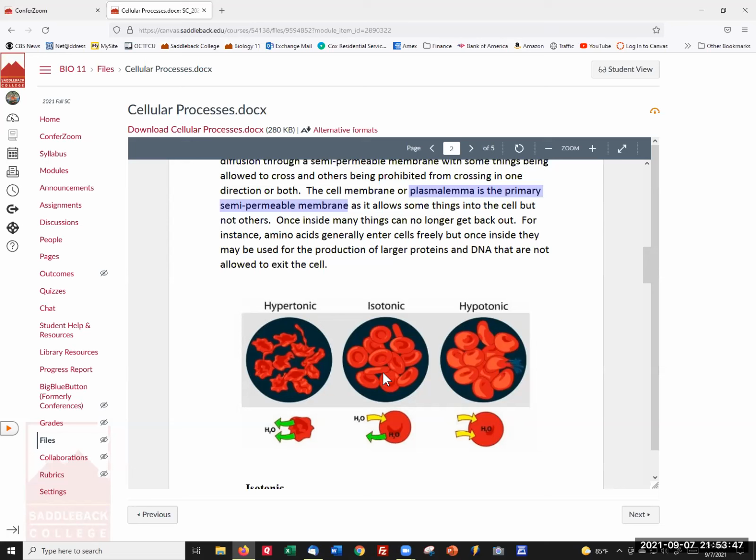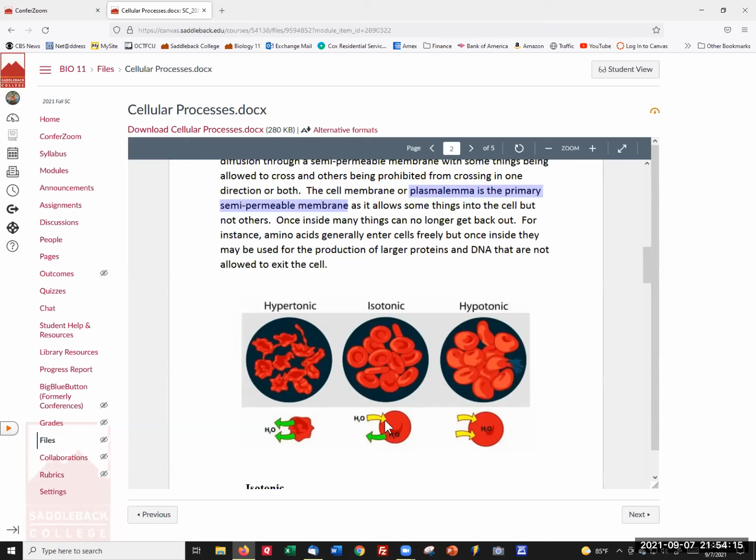When I was taught this, the word tonic means strength, and it always referred to the salt or the solid. But now they have changed it within the last 10 years, and isotonicity refers to the concentration of water.